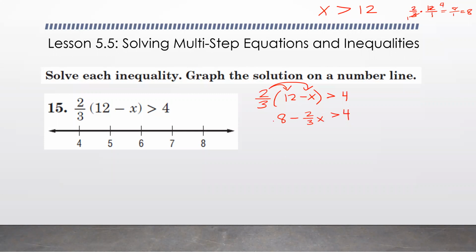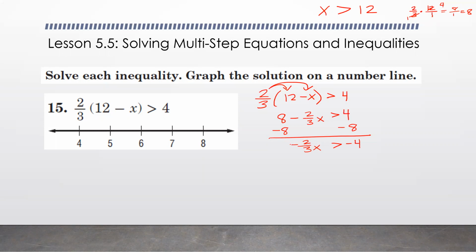So now I have a two-step equation. I have this 8, I can get rid of it by subtracting 8 from both sides, and then I've got negative 2/3 x is greater than 4 minus 8 is going to be negative 4, okay? Now x is being multiplied by negative 2/3.